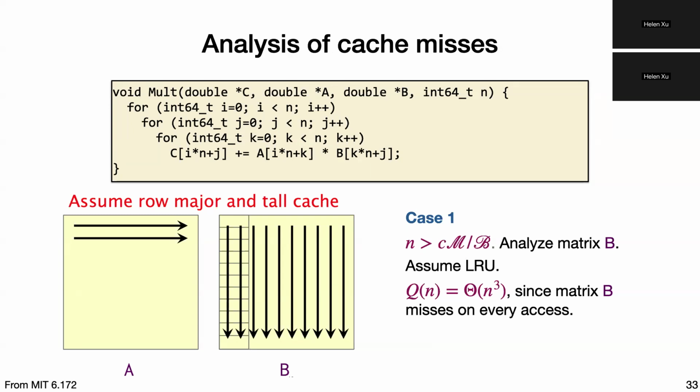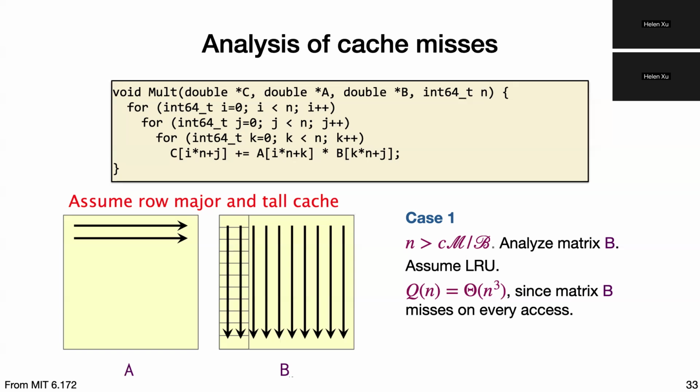In the ideal cache model, when you do cache analysis, ideally you would like to see factors of M and B in the terms. Similar to the span, the work is an upper bound on how many cache misses you can incur. You're not going to incur more cache misses than the total number of operations that you're going to do. But ideally you want fewer cache misses than the total number of operations.